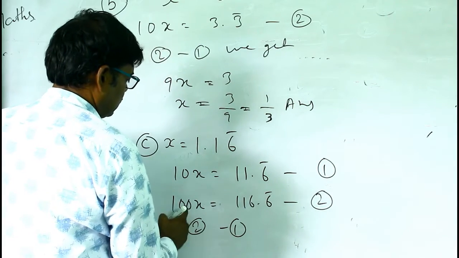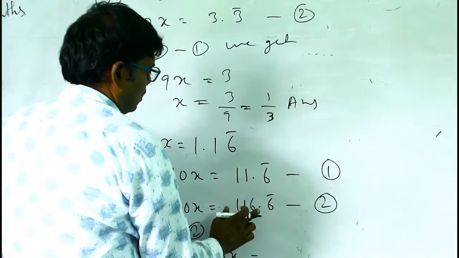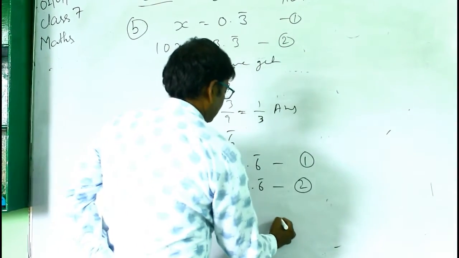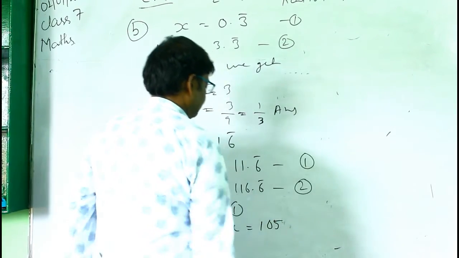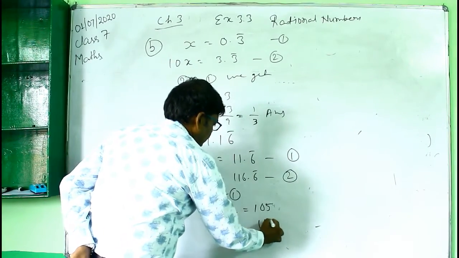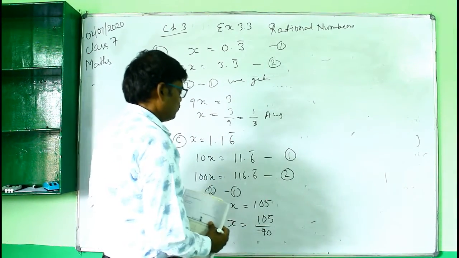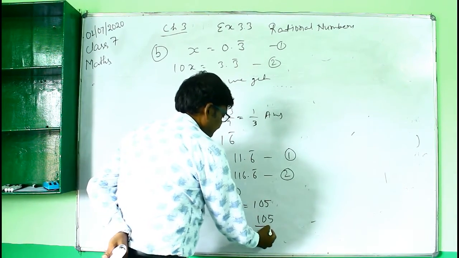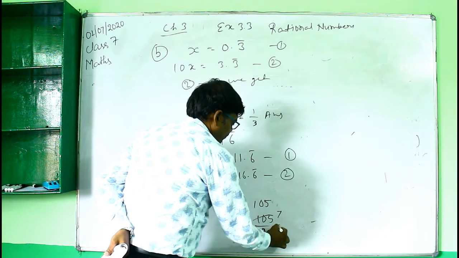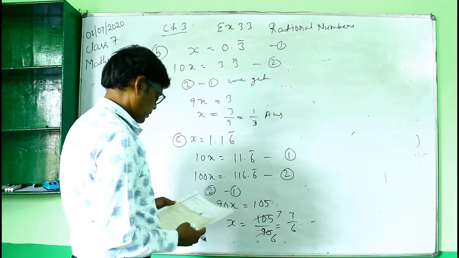Then you will get 90x, and here 116 minus 11 will be 105. So x equals 105 by 90. Now cut it here. So 7 by 6 is the answer of this question.